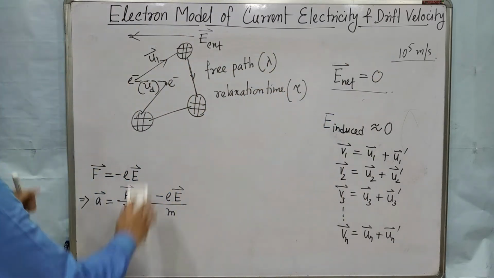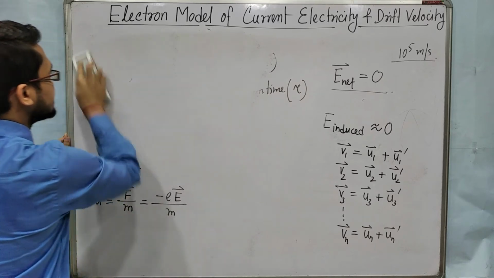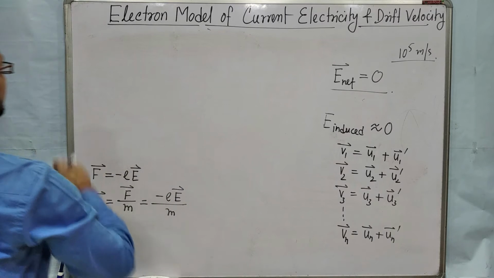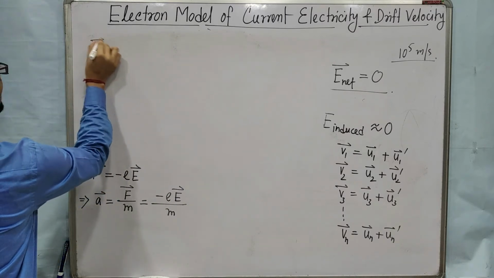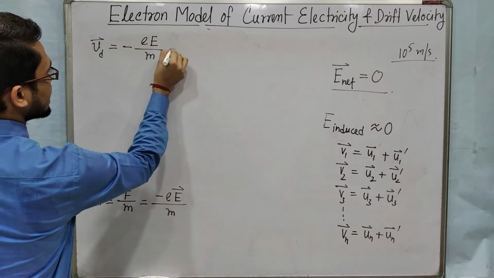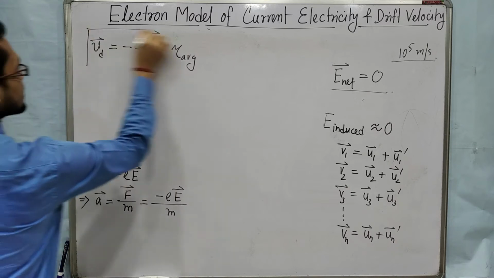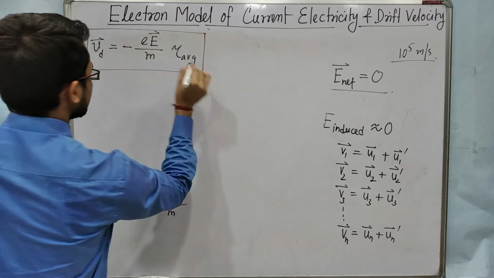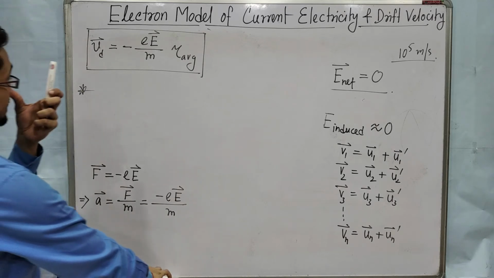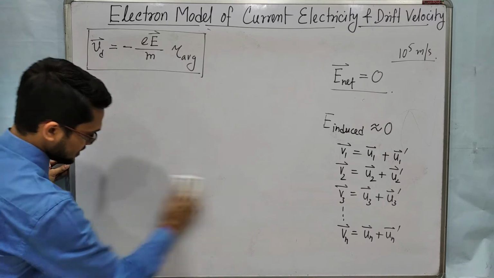Now we will see the relation between drift velocity and the external electric field. The relation is basically Vd equals minus E capital E by m into tau average. Now we will formulate this relation. Before starting this derivation, there are a few assumptions.